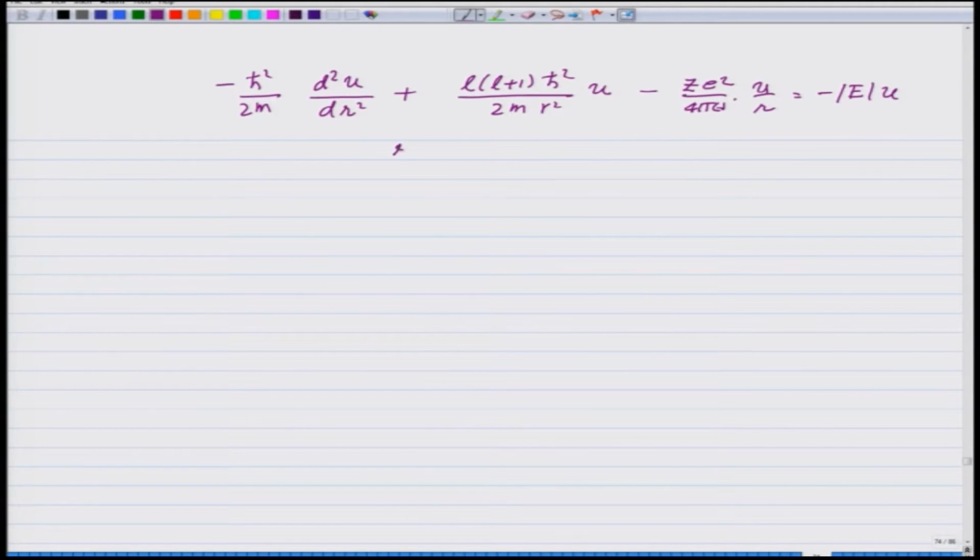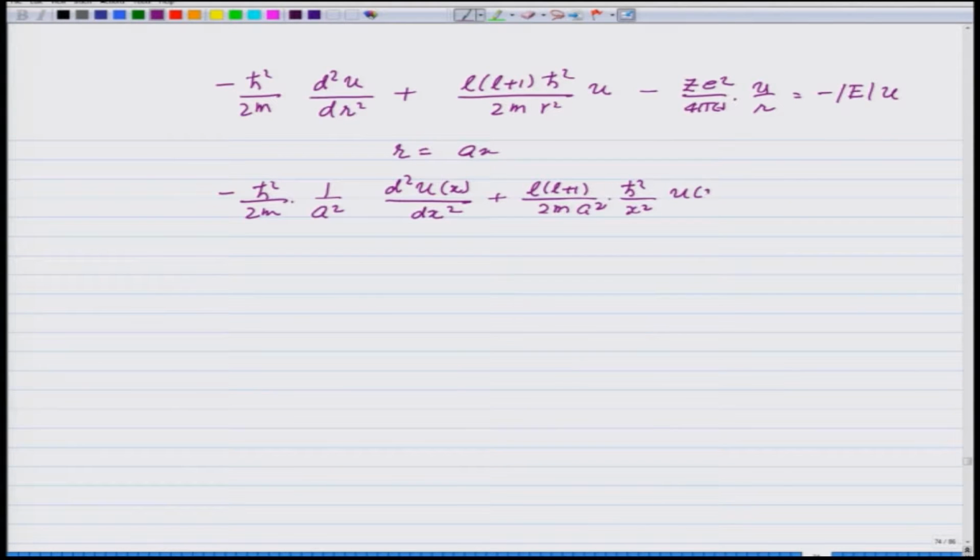Let us write r equals a x, so that this becomes minus h cross square over 2m, 1 over a square, d2u as a function of x over dx square, plus L(L+1) over 2m a square, h cross square over x square u(x), minus Z e square over 4 pi epsilon 0 a, u(x) over x, equals minus E times u.